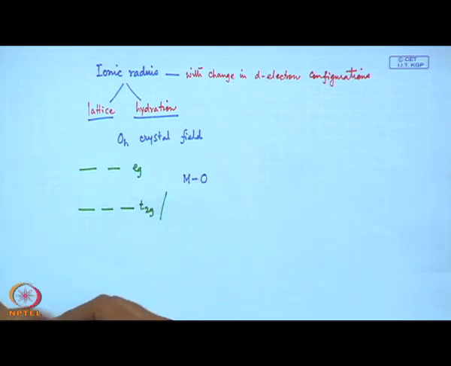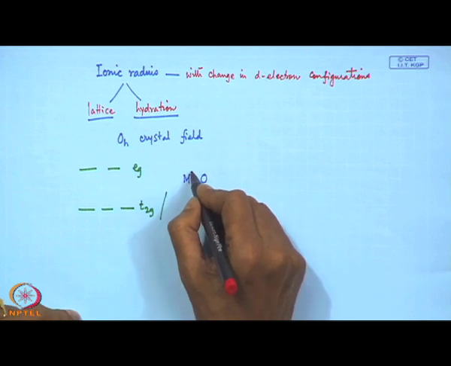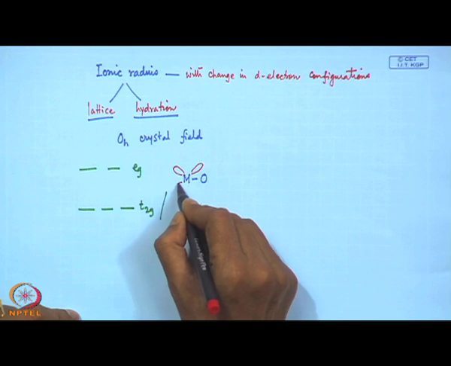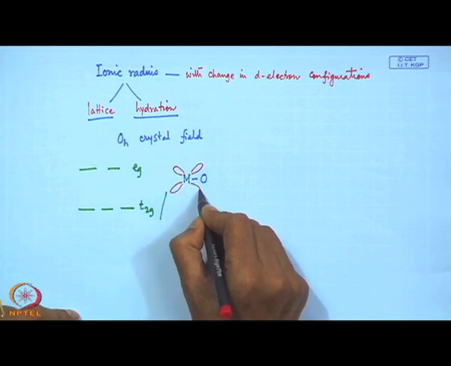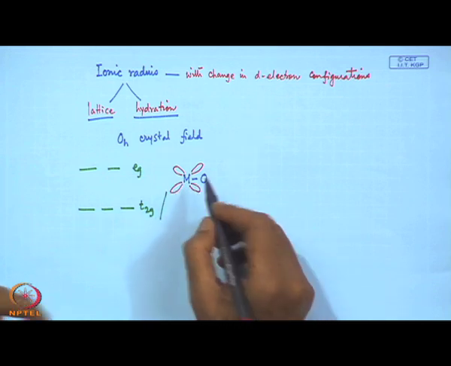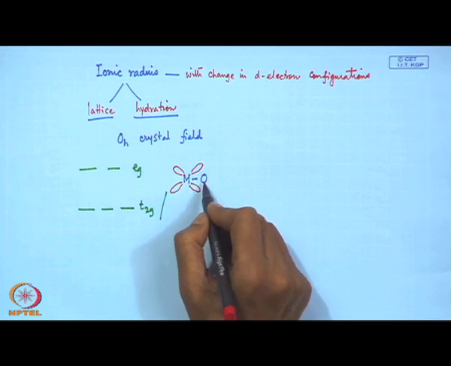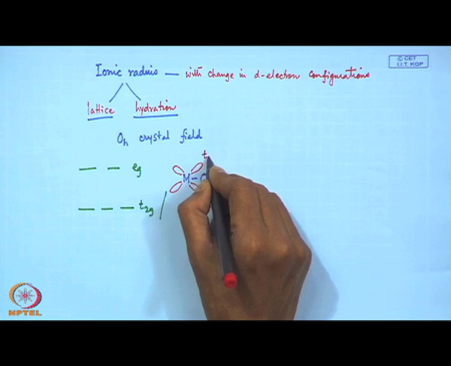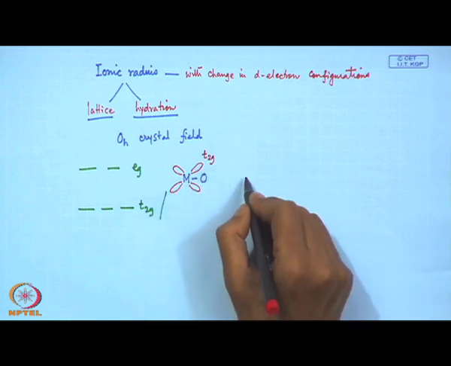If it is in the xy direction, our orbital will be like this. It is not directly facing the oxygen p orbital. So, this is our T2G set.